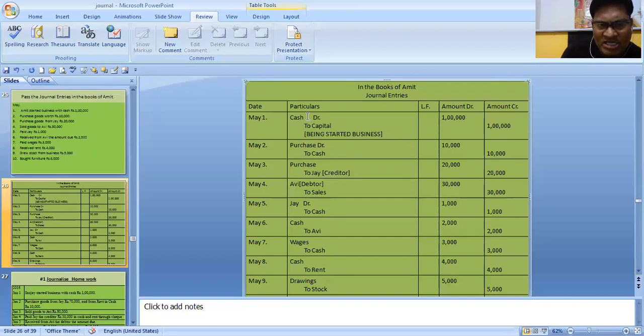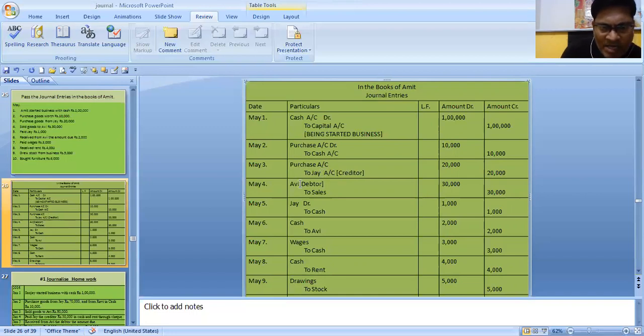Always remember, in each transaction I have to write account. This also you remember, students. Each transaction, like cash account debit to capital account, purchase account debit to cash account. Similarly, purchase account debit again to Jay account.